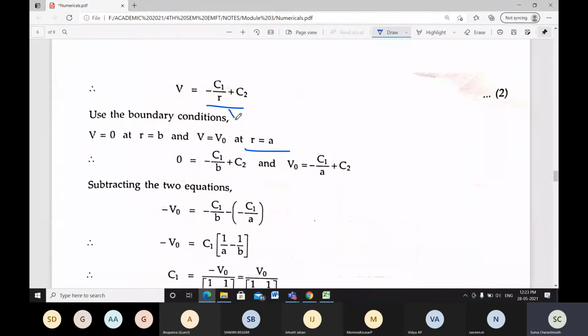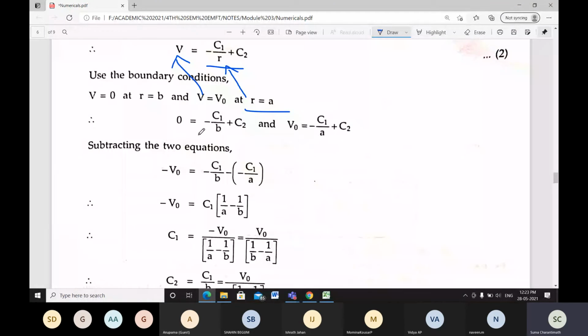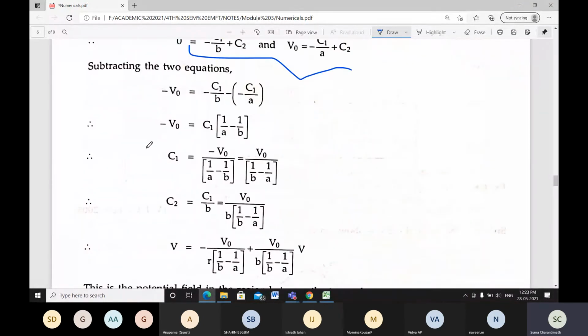Subtracting these two equations, we find c1 and c2. c1 is V naught divided by (1 by b minus 1 by a). Then c2 is c1 by b, that is, V naught divided by b into (1 by b minus 1 by a).